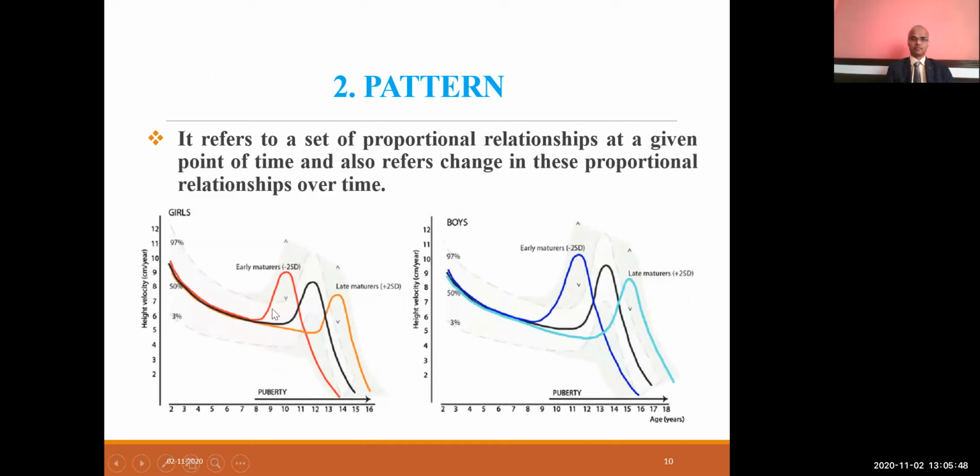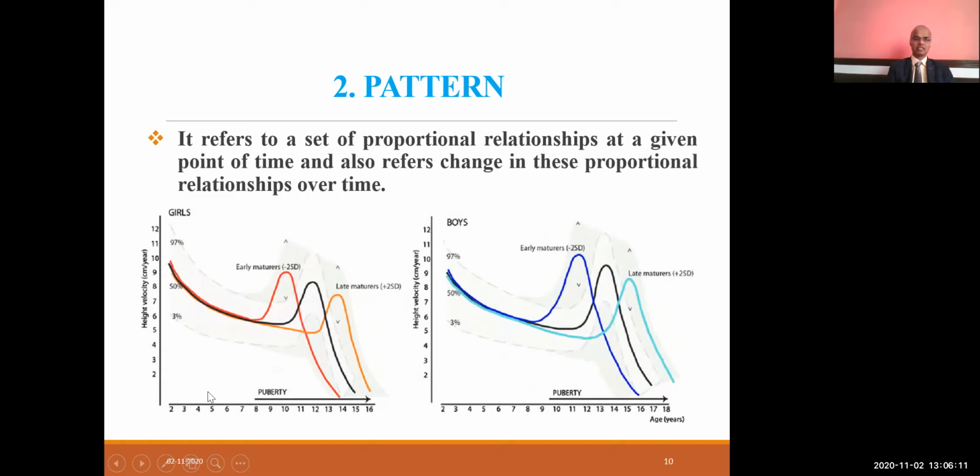Like in figure 1, it shows the growth of girls. At 2 years, we can see that the height velocity is around 10 centimeter per year.